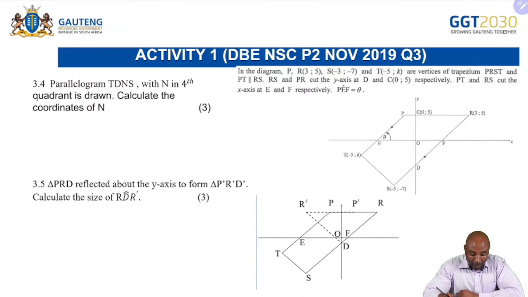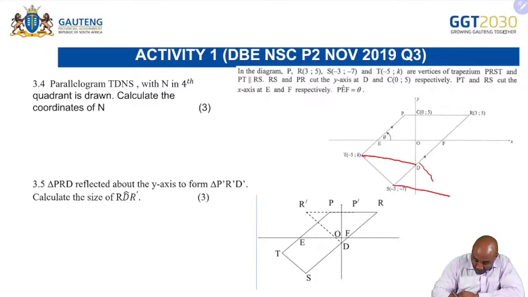Welcome back. I hope we were able to get the coordinates of n. Now, we use our diagram effectively. We are told that TDNS with n in the fourth quadrant is drawn. Calculate the coordinates of n. So, you must come up with a parallelogram.